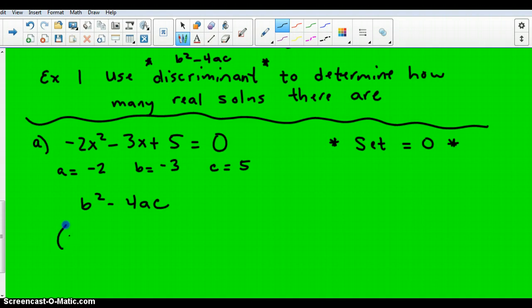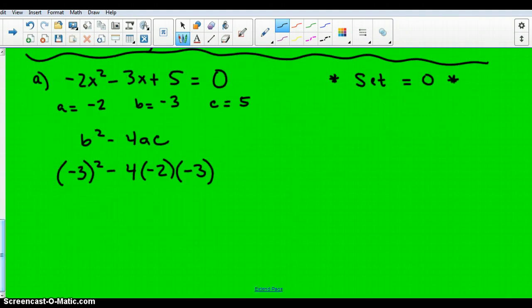That you put negative 3 in parentheses: negative 3 squared minus 4 times negative 2 times 5. And what do you get? 49. That means that this part underneath the square root, underneath the radical, is 49.